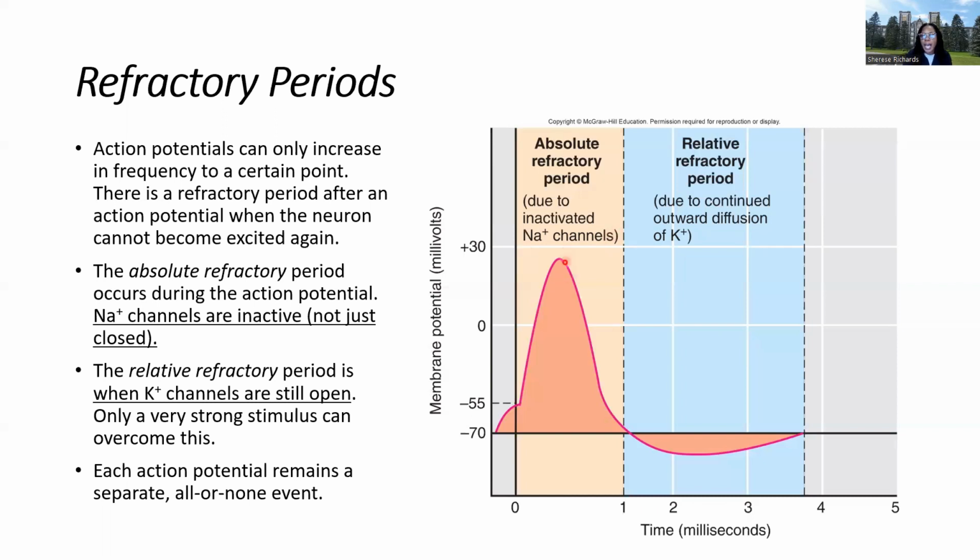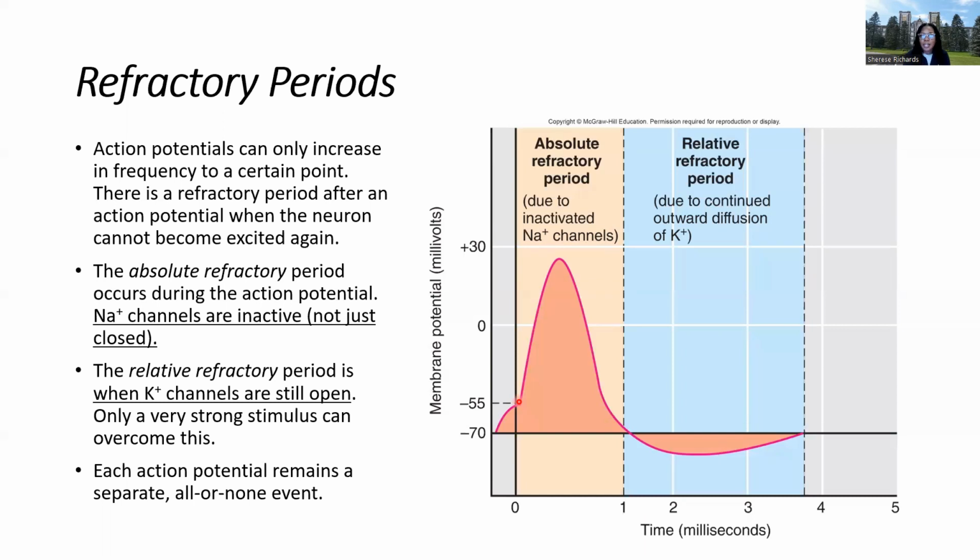And this is because the sodium channels are inactive. So remember, triggered at -55, after that 1 millisecond, the inactivation gates close. This is why the inactivation gates are so important. They inactivate the channels, so the channels are not only closed, but they're inactive.